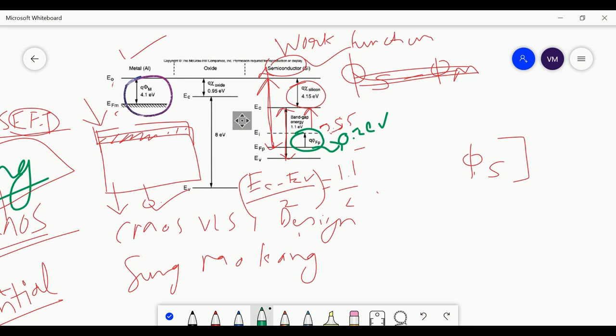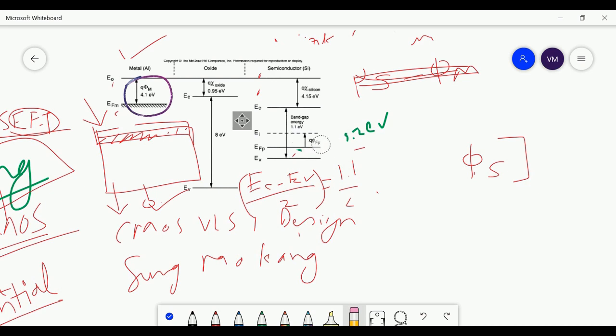Now the work function of silicon, let's concentrate on the work function of silicon. The work function of silicon is this much. You already know this, and you have calculated this.